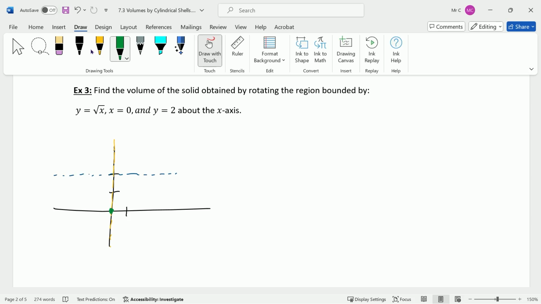So if y is 2, I get 2 is the square root of x, so x is 4. So this is the region that we're concerned with right here.